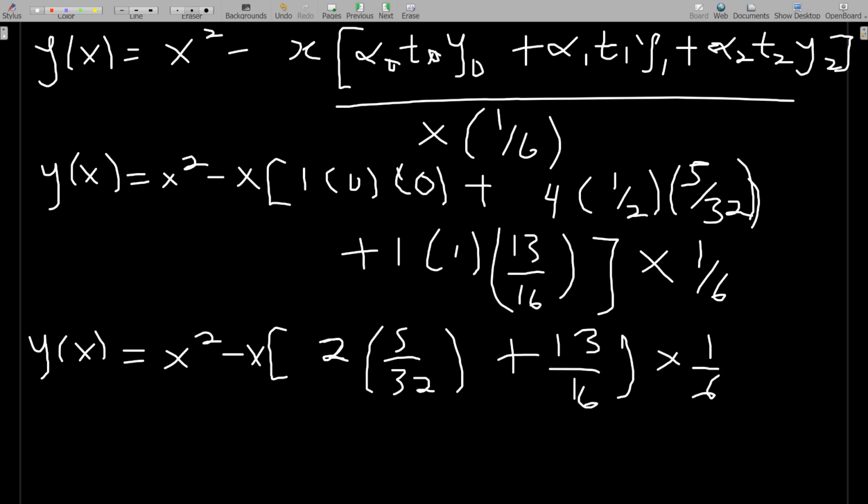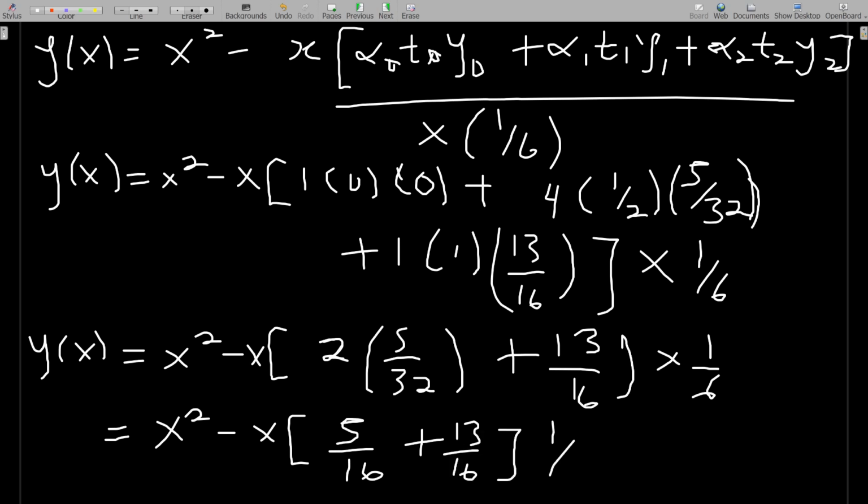So here I have y of x equals x squared minus x into 2 times 5/32, which gives 5/16, plus 13/16, into 1/6.